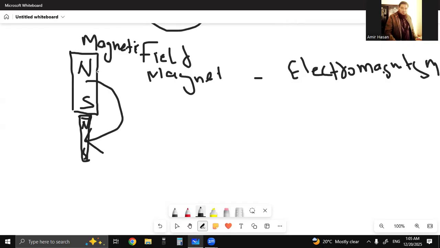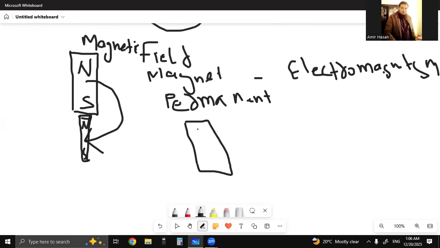Secondly, I told you about the permanent magnet and the temporary magnet. A permanent magnet is formed due to its natural properties, and there is a domain present inside the magnet which makes the piece of substance a magnet. Temporary magnets are those that change into a magnet due to the effect of magnetism.